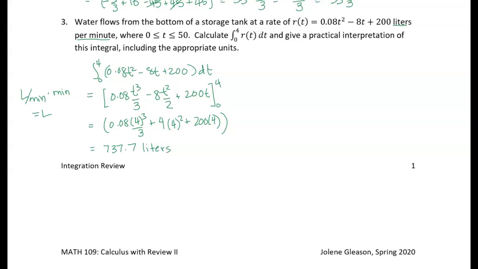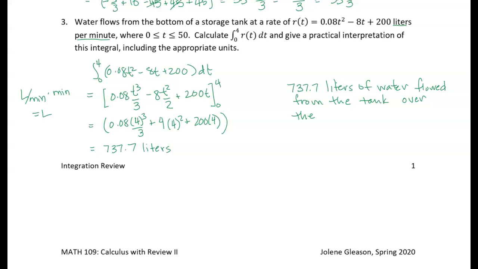So what that's telling us, okay, we've got to write a practical interpretation. What that's telling us is that 737.7 liters of water flowed out of this tank over the time that we integrated, right?